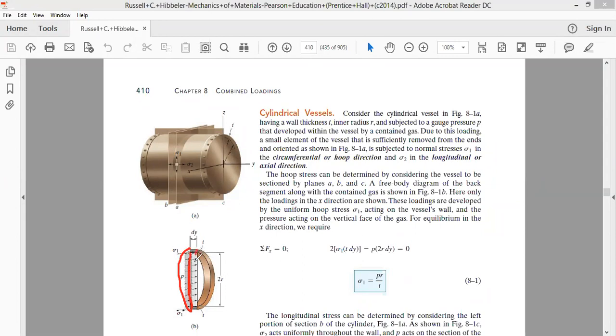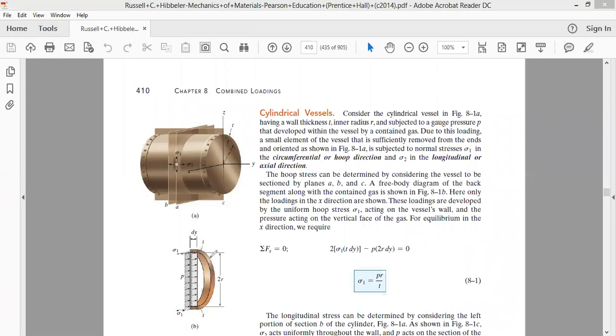Same is the case here. It's actually a single surface, a complete circle. When you take a section out, you are taking only a portion out, and at this area and this area, this portion is in contact with a similar portion, where these two portions are in contact with each other.